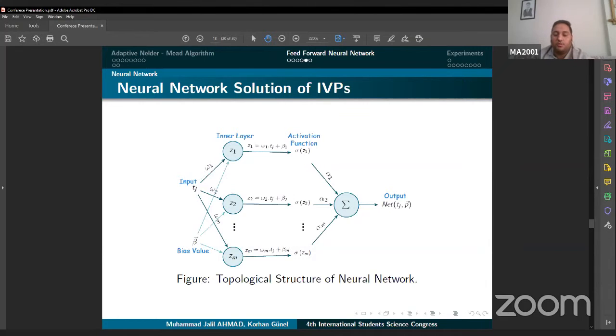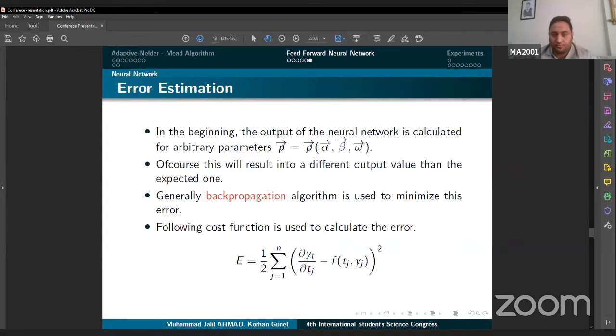The activation function helps us to reduce the value to between 0 and 1 generally, and this whole network will give us an output which will be called the net output of our neural network. Of course, there will be some errors in the evaluation of our function.